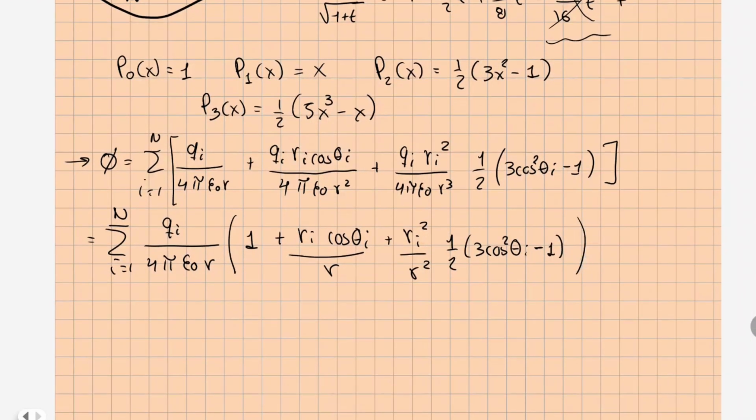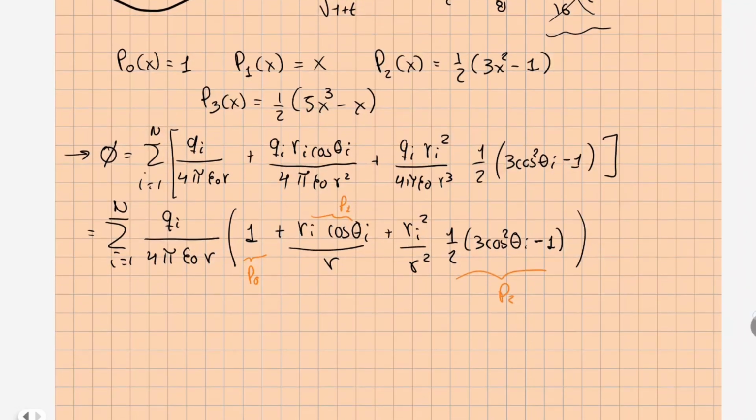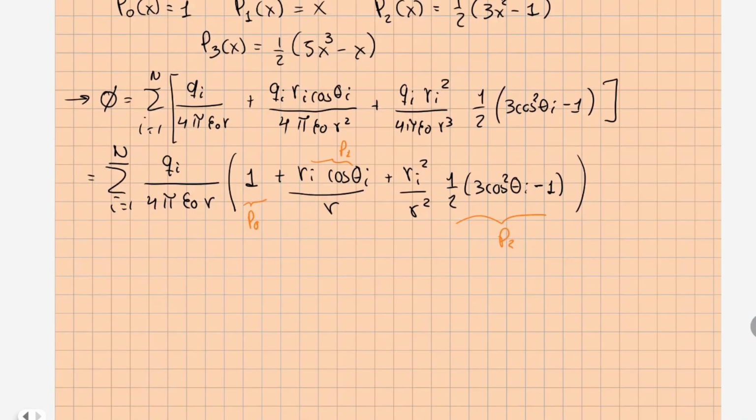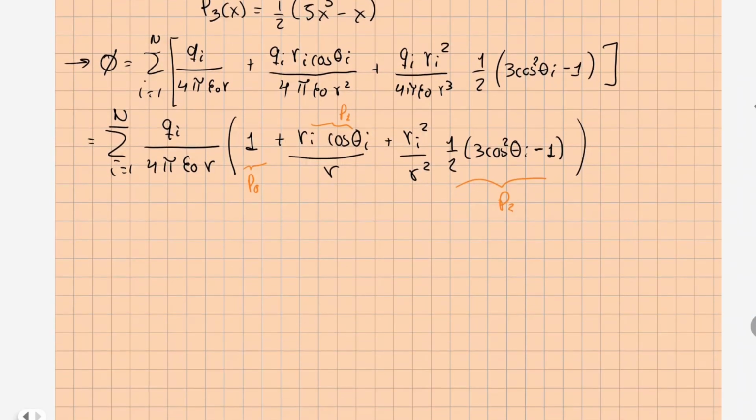Remember that this is the P0 Legendre polynomial, this is the P1 Legendre polynomial, and this is the P2 Legendre polynomial. So it seems like we have a sum of Legendre polynomials.